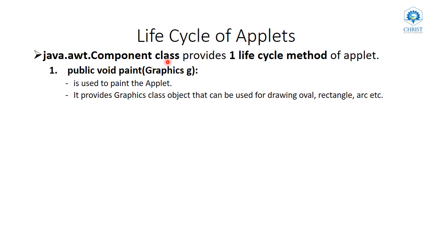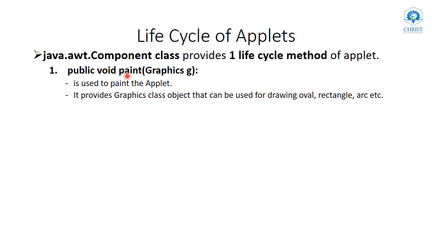So this method, void paint, inside the component class will also be there inside the applet class due to inheritance. Among the 5 methods of the life cycle of an applet, the 5th method is given by the component class, and that method is void paint. This method needs one parameter, that is an object of class Graphics.